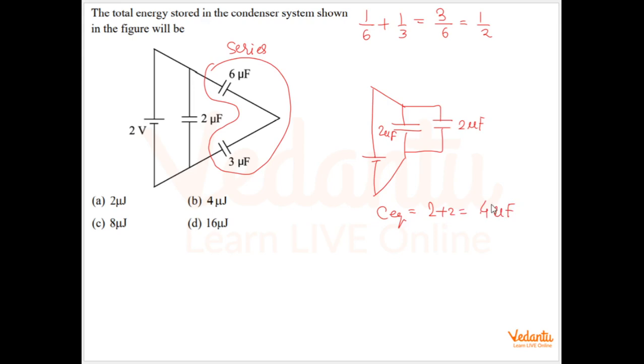Now, what will be the total energy stored? The total energy stored will be half into C equivalent into V square. That will be half into 4 microfarad into 2 volt the whole square. That beta, when you do the calculation, will be 8 microjoules. Option C will be the correct answer.